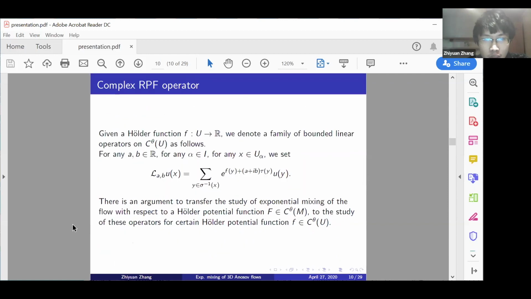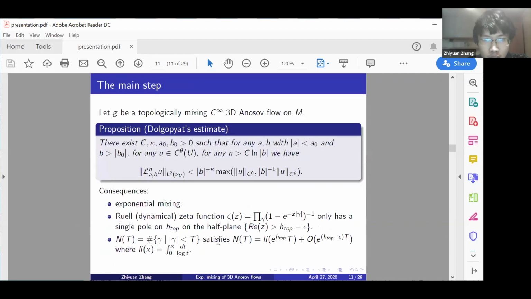Also, Giulietti, Liverani, and Pollicott can also show this sort of estimate, where this counts the number of, sorry, this T is upstairs.